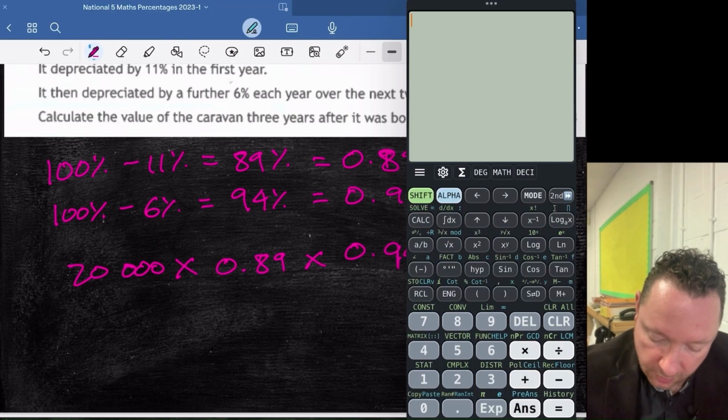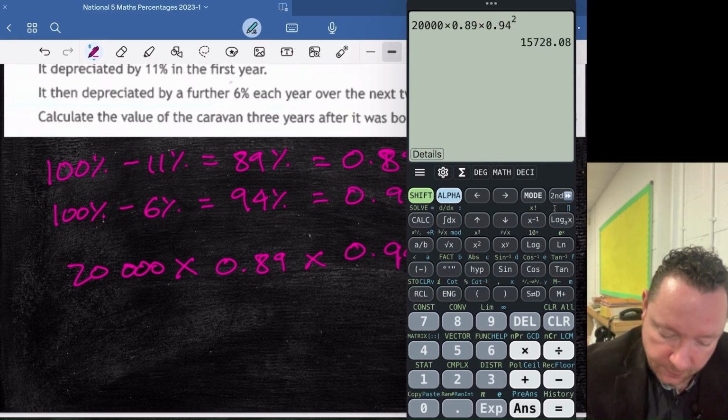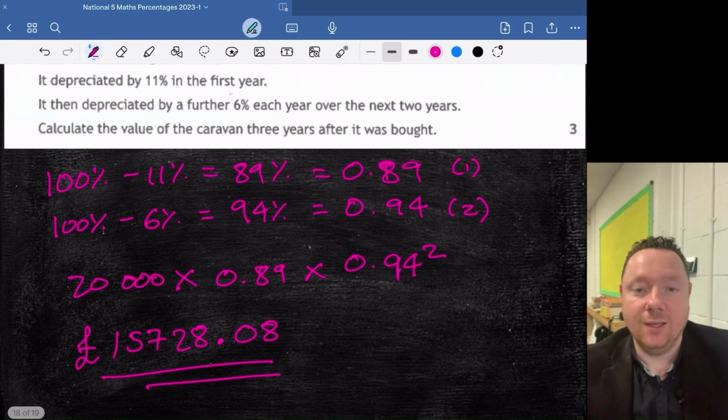So £20,000 times 0.89 times 0.94 squared is 15,728.08. Check there's no rounding to be done. Nope, so I'm done there.